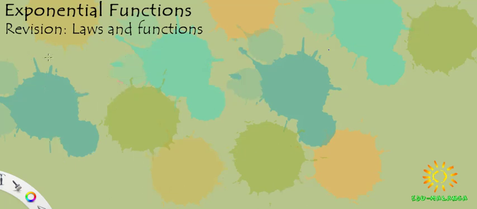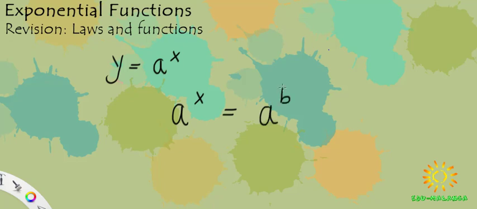So how do you solve an exponential equation when you are given one? Again, remember we said an exponential equation occurs when you have y is equal to a to the power of x. So you must have the equal sign. But say for example you have a to the power of x is equal to a to the power of b.